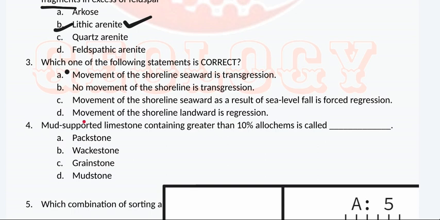No movement of the shoreline is called a stillstand, a profile of equilibrium where aggradation will occur. Then movement of the shoreline seaward as a result of sea level fall, due to an external force, is called forced regression. So it will be correct. Movement of the shoreline landward is regression, it is incorrect. So the answer will be C.